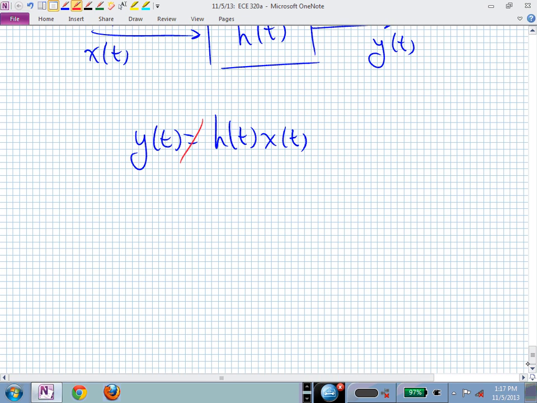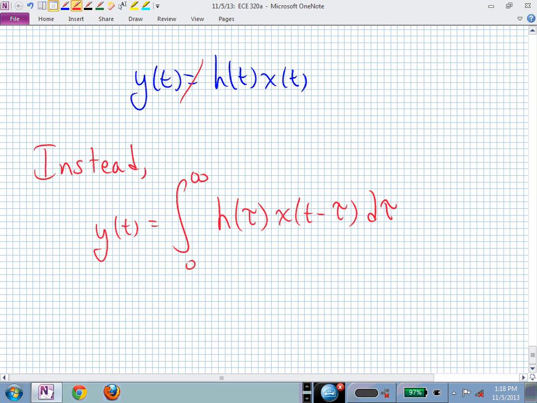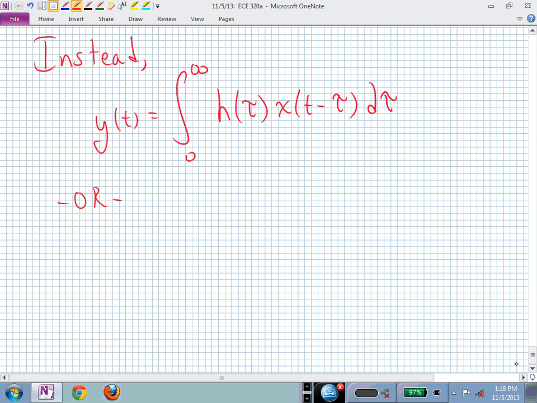Now, instead, you have to use the convolution integral. And that says that y of t is this integral from 0 to infinity of h of tau, x of t minus tau, d tau. This will make more sense in a minute, but in this integral, our variable of integration is tau.